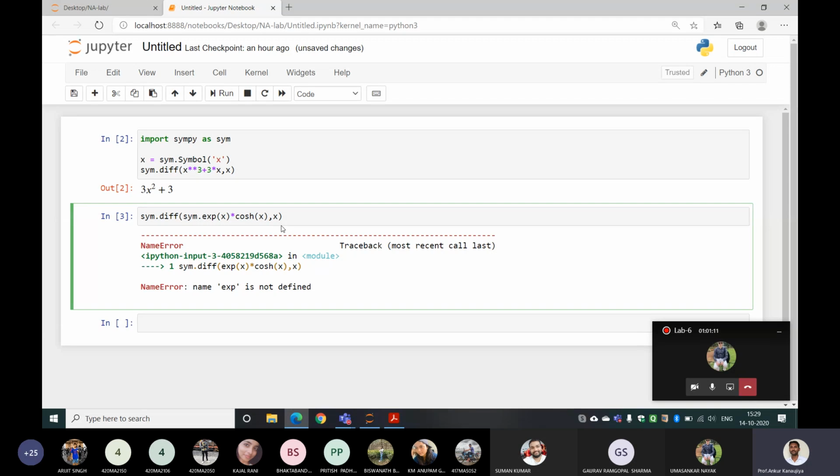We are doing symbolic computation, so I am not using NumPy. Is that clear why I am using sym.exponential? Because exponential x is the symbolic function, not the numerical function. If I want to calculate the exponential value at 0.2, then I will use NumPy.